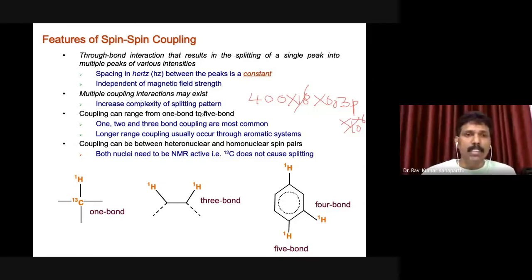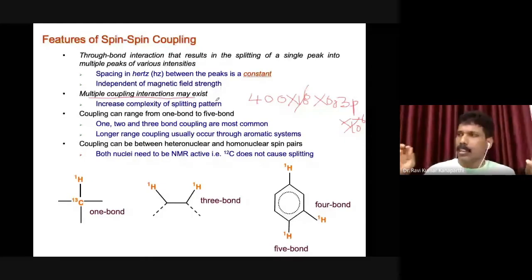In some cases, multiple coupling interactions may also exist. That means you have one nucleus, and nearby you have others. For example, you have CH2 in the middle, and on the right side and left side you have carbons. On the left-hand side you have three nuclei, and on the right-hand side you have four nuclei.